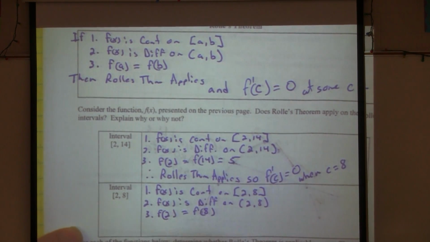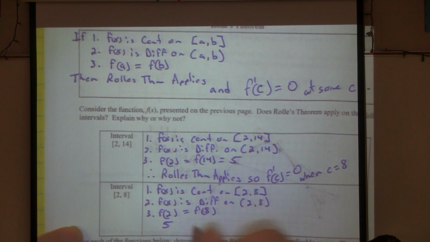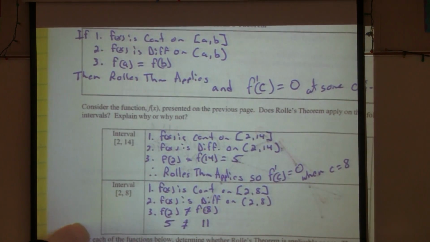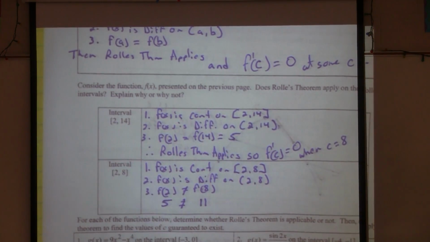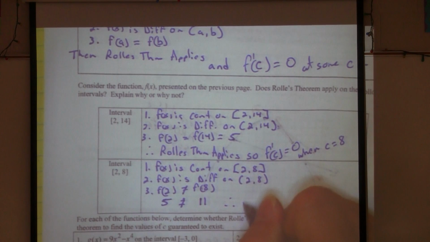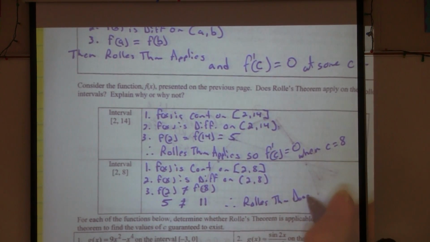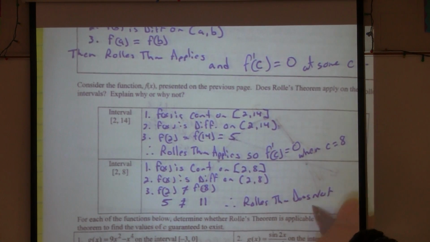No. What's f of 2? 5. What's f of 8? 11. So they are not equal, so it didn't satisfy the 3 conditions, so therefore what? Rolle's theorem does not apply.